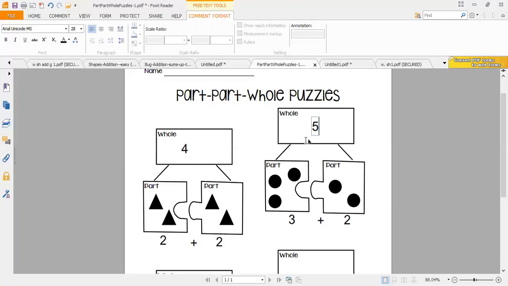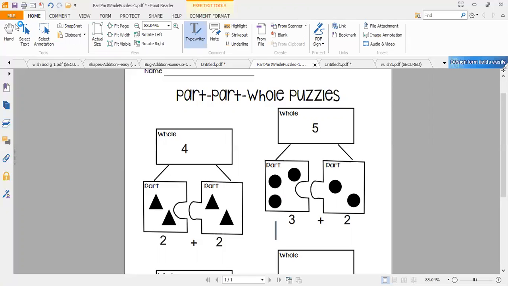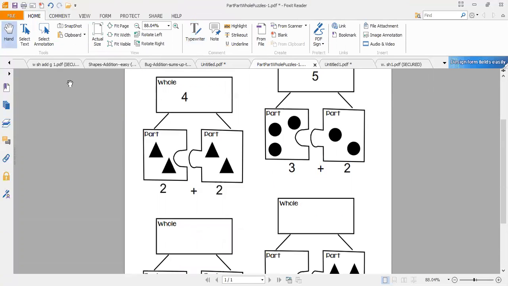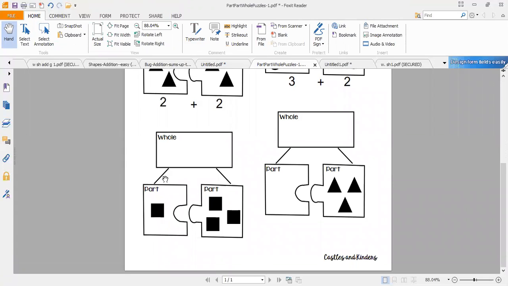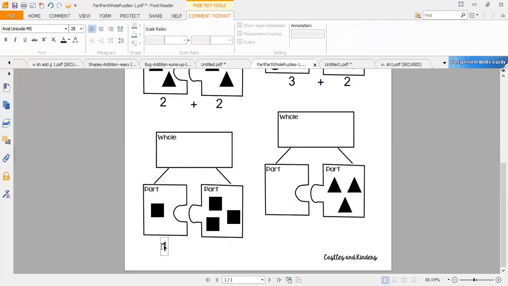Let's try another example, the puzzles with the squares. Here we have 2 parts and one whole. In the first part we have 1 square.